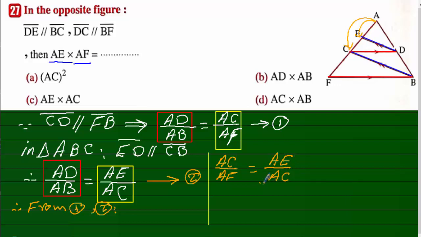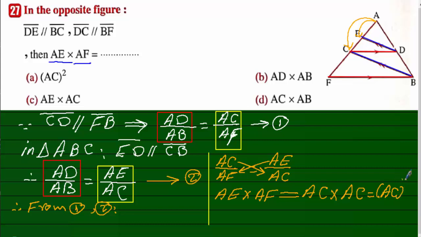Now cross multiplication: AE multiplied by AF equals AC multiplied by AC, which equals AC power 2. And we choose letter A.